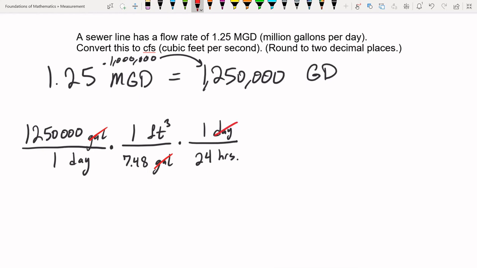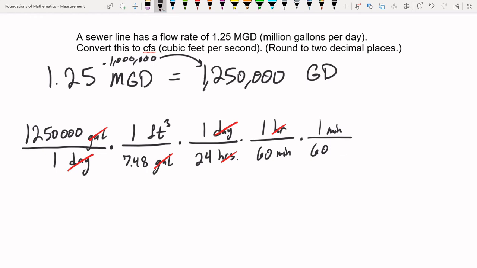Now you can see the days cancel. Now we have hours on the bottom. 1 hour is 60 minutes. Now the hours cancel. And finally, 1 minute is 60 seconds.